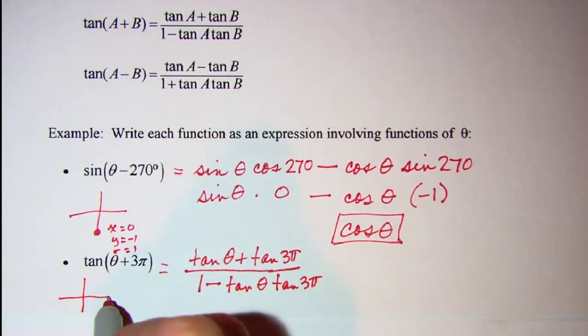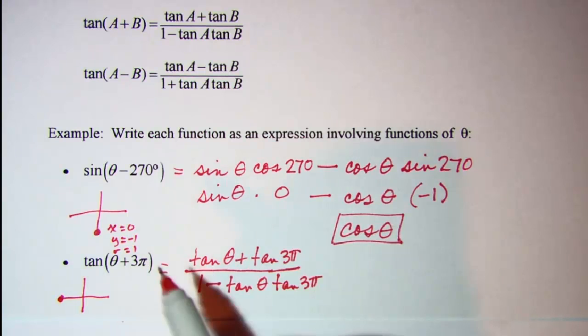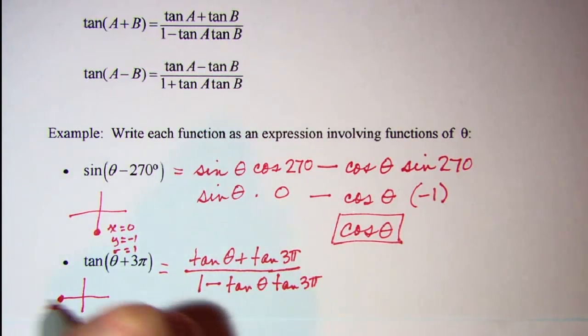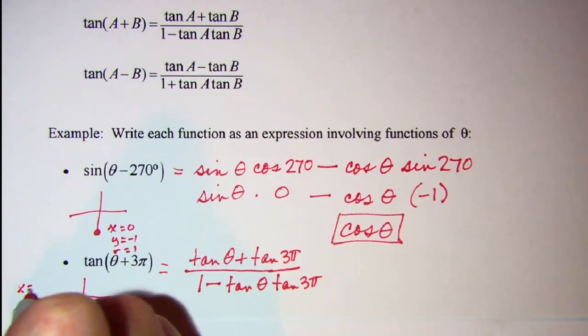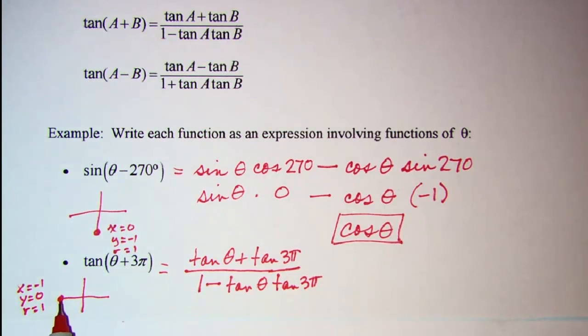3 pi, we know that 1 pi is a semicircle, and then 2 pi is a complete circle. So 3 pi is over here. The tangent on this one, let's see, this is x equal -1, y equals 0, and r equals 1. And we know that the tangent of 3 pi then is y over x, so 0 over -1. So all of these where we have a tangent 3 pi, that's just equal to 0.